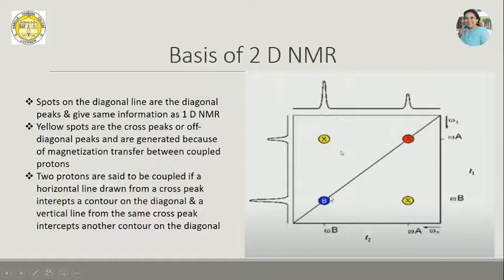If you see, you can see omega B. Thus, this has been formed by the magnetization which was left with omega B. So, this will give us only that information which a 1D NMR gives, so they are not important. If I start a vertical line from this peak on the proton NMR and proceed horizontally, I will reach the same peak. So these two are the diagonal peaks and are not important.